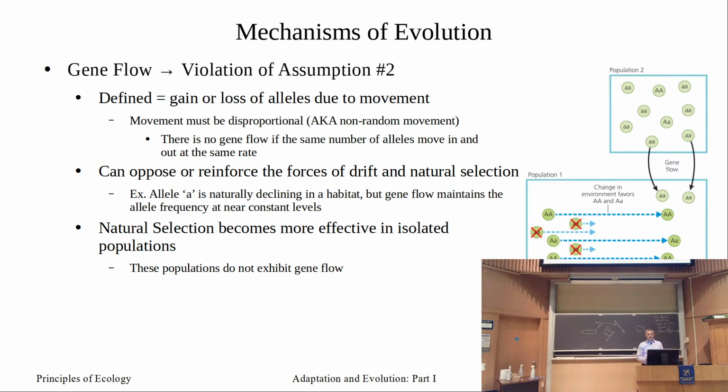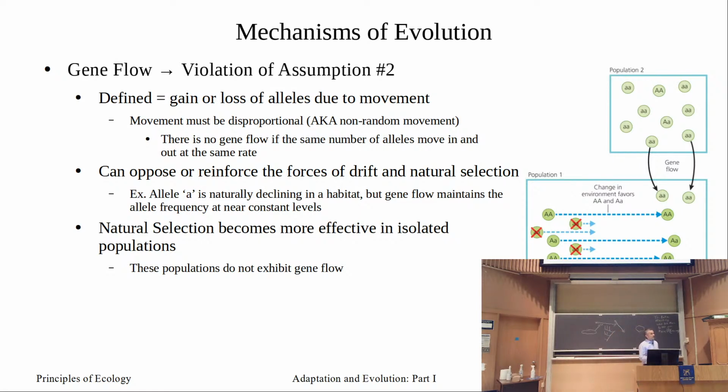All right, so let's say allele A, our recessive allele, is naturally being selected against in our population. We've got selection. This is not a very good trait for our environment. Selection's trying to remove it. All right, selection is going to do a good job of getting it really low in frequency. But if we have gene flow, we can have individuals with this recessive allele bringing it back into the population.